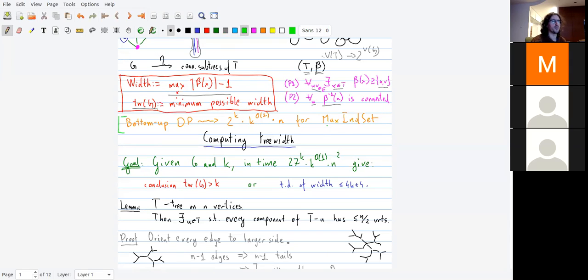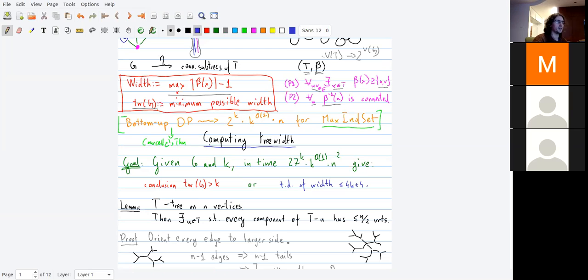For instance, the maximum independent set problem we could solve in time 2 to the power k times some polynomial in k times linear in the size of the graph. We also have seen Courcelle's theorem that gives you a generic way of obtaining such dynamic programming algorithms from a formulation in monadic second order logic.